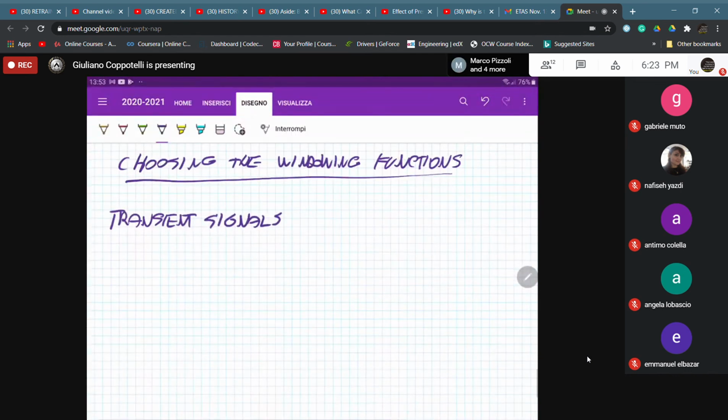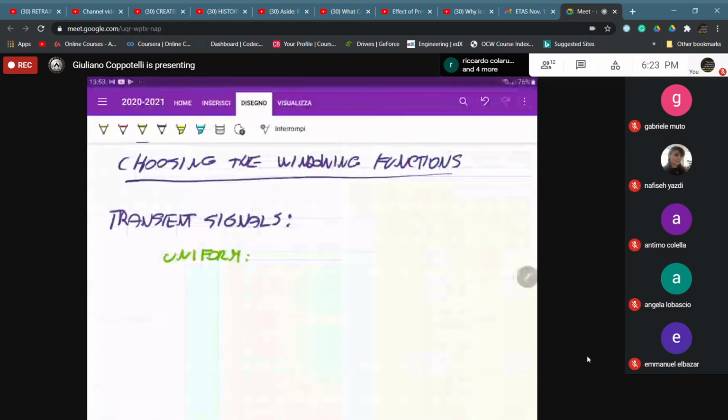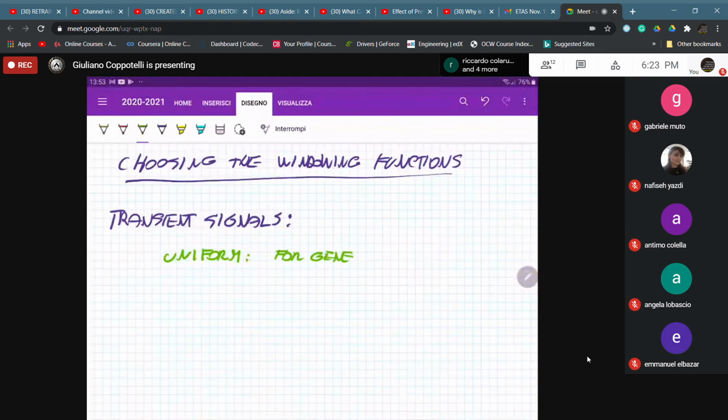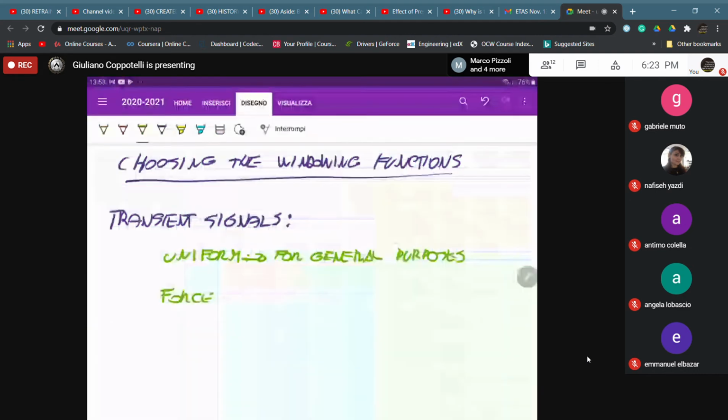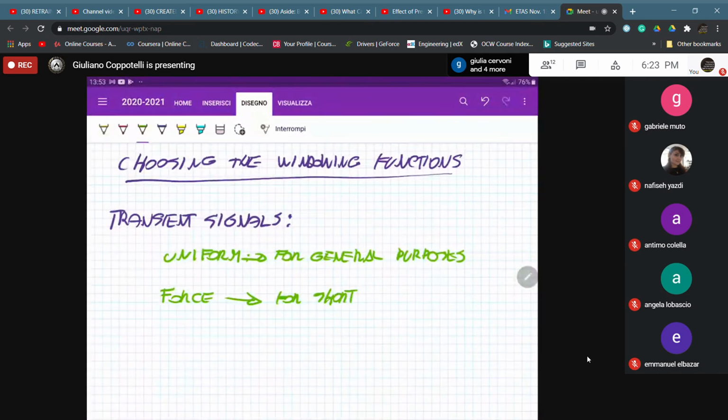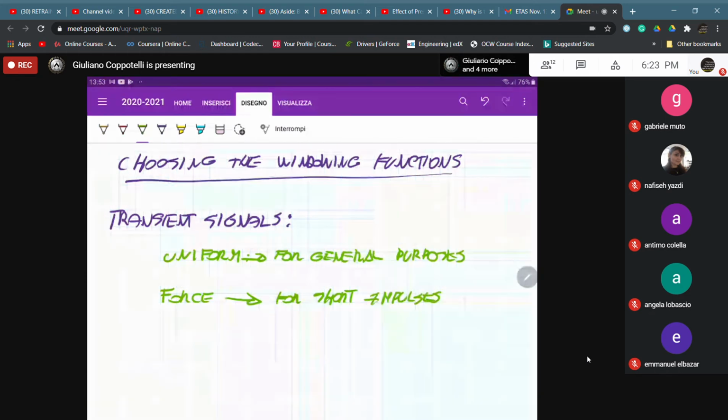signals, the typical functions are the uniform, that could be used for general purpose investigation. Force, we will see how this looks, for short impulses and transients.